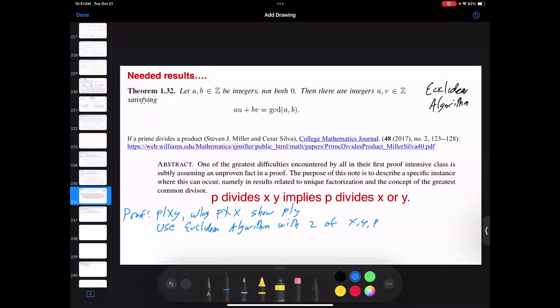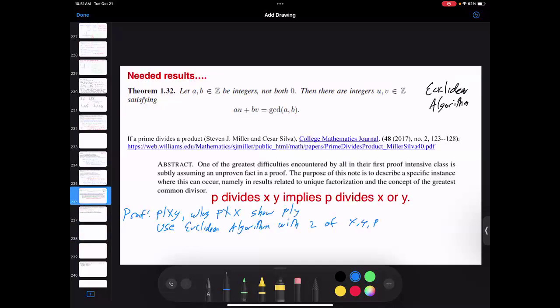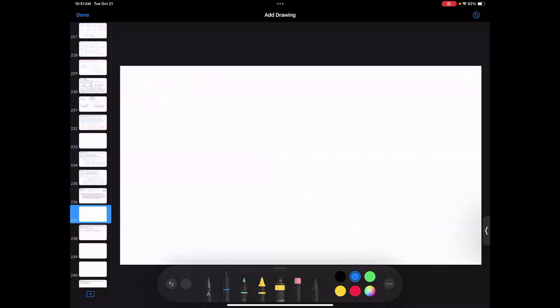So somebody give me a way to choose two of X, Y, and P. Yes, X and Y. What else?